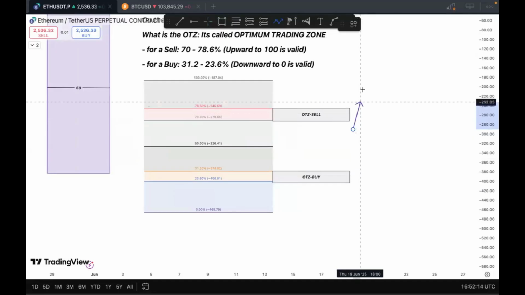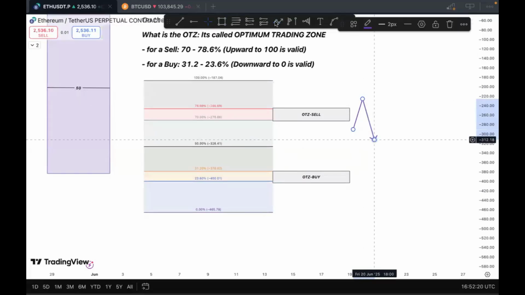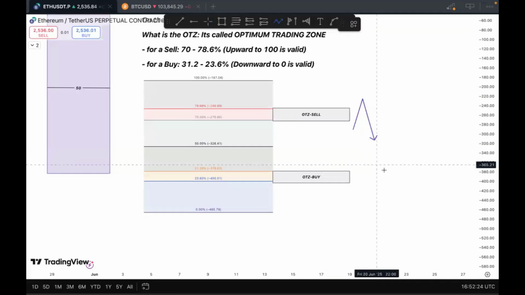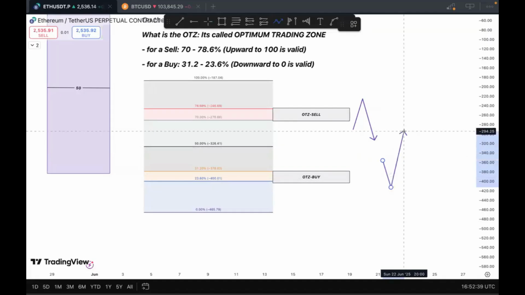If I see structure within this zone, so even 100, I'm going to sell. If I see structure for a buy within this zone from 31, okay, it shows that that structure is strong, okay? It has a probability of buying, okay? So I want to buy.